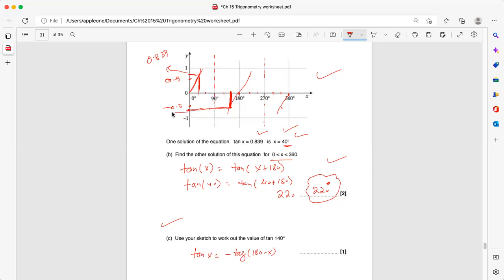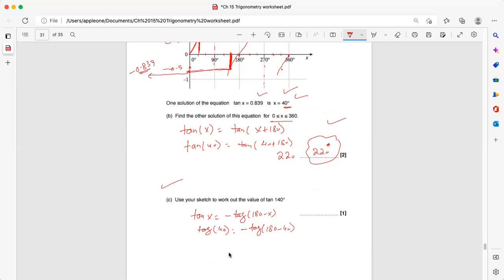This will be exactly minus 0.839, not approximately, because it's a formula, it's a rule. So tan 40 is exactly equal to minus tan 180 minus 40.